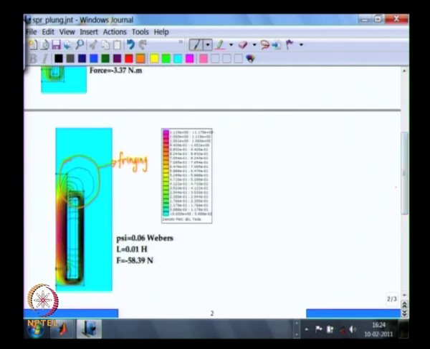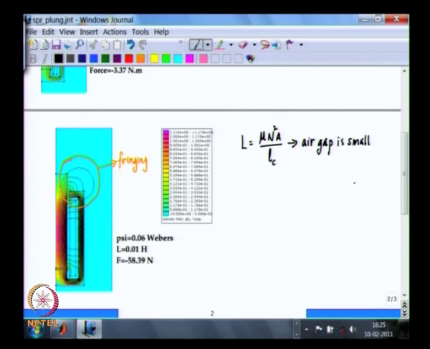The analytical expressions that we wrote for inductance in the earlier lectures, where inductance is some mu into n squared into area divided by the length of the iron path or the length of the air gap path, are all valid when the air gap is small.